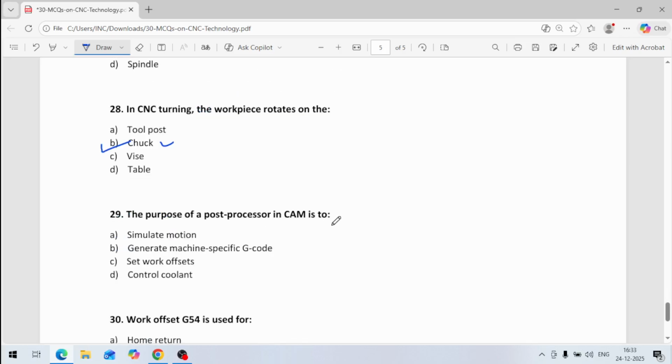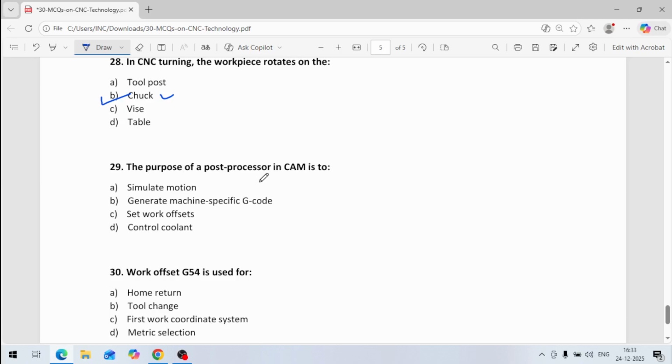Next question is the purpose of a post processor in CAM is to: simulate motion, generate machine specific G codes, set work offset, or control coolant. Answer is generate machine specific G codes.